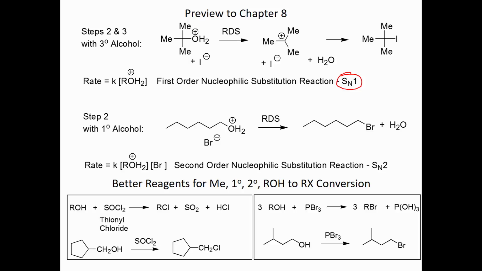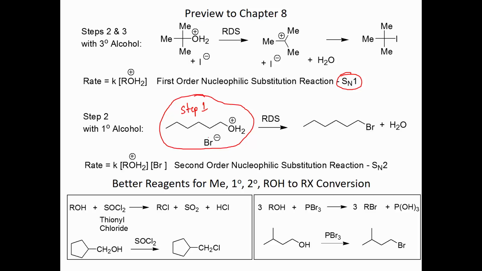With a primary alcohol, there's only 2 steps. So the first step is the same, where the product of step 1 is the protonated alcohol halide anion pair. And in step 2, the reaction actually finishes.